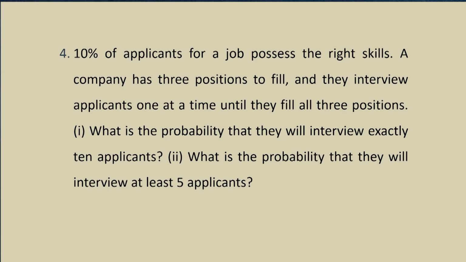A company has 3 positions to fill, and they interview applicants one at a time until they fill all 3 positions. What is the probability that they will interview exactly 10 applicants? And second question, what is the probability that they will interview at least 5 applicants?